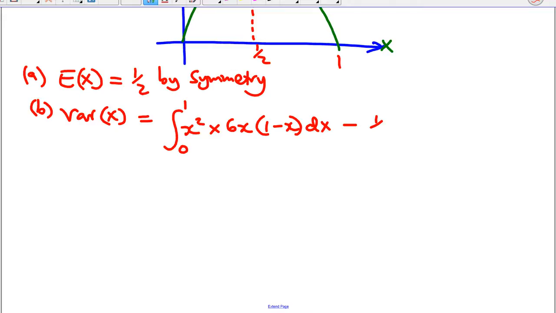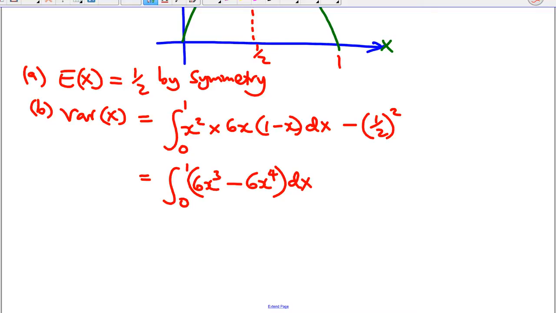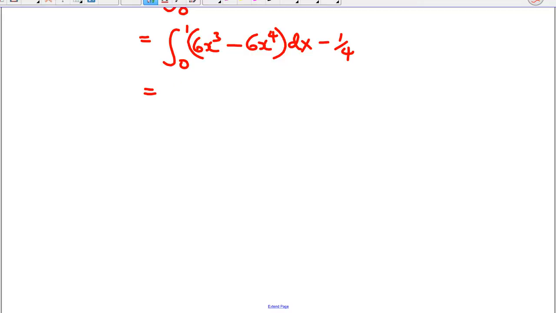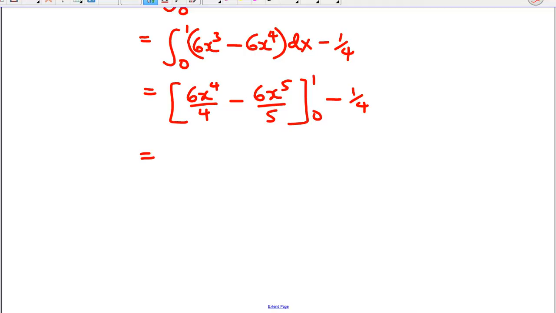Don't forget minus a half squared, which will be equal to the integral from 0 to 1 of 6x cubed minus 6x to the power 4 dx minus a quarter, which will be equal to 6x to the power 4 over 4 minus 6x to the power 5 over 5 minus a quarter, which will be equal to 3 over 2 minus 6 over 5 minus a quarter, which is equal to 1 over 20. Good.